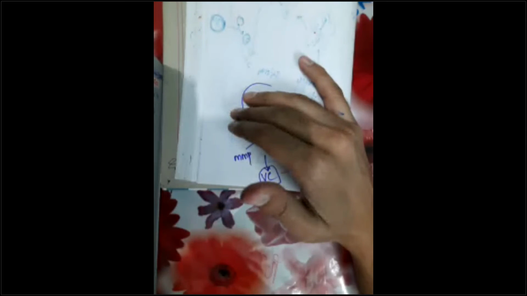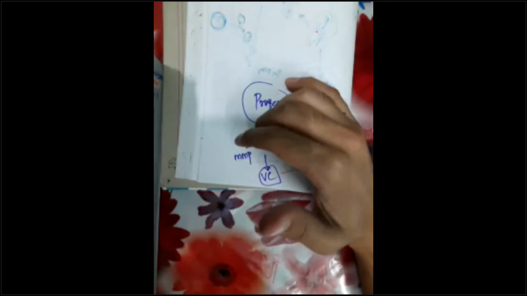Is pain during menstruation a normal or abnormal phenomenon? Can you write down? Pain is a normal phenomenon, but excessive pain is abnormal. Excessive pain is abnormal, which is called dysmenorrhea.